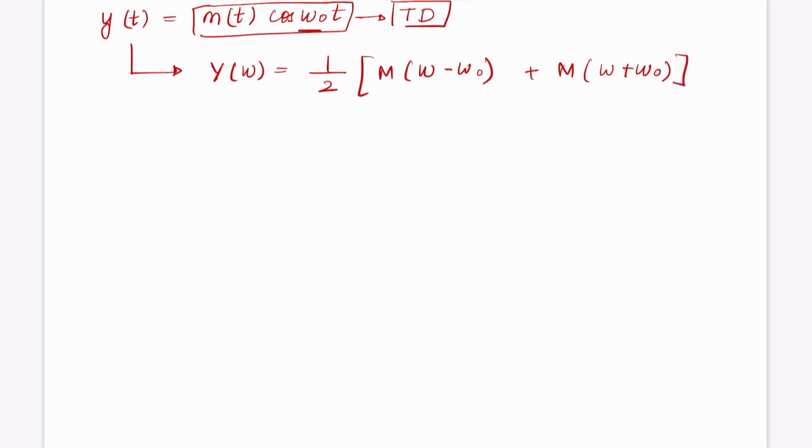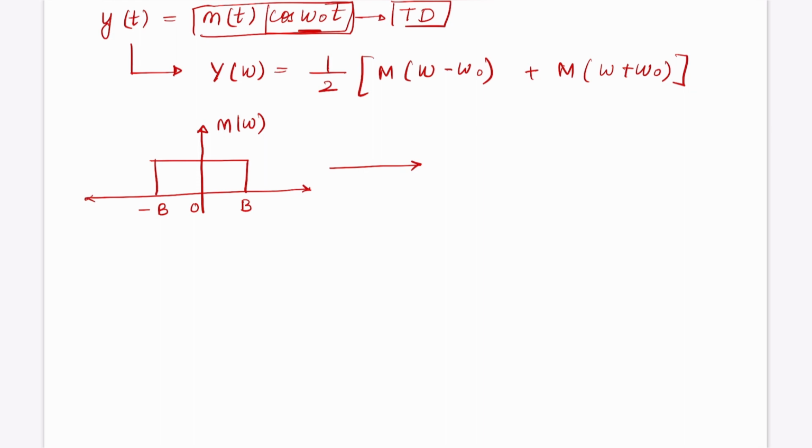So this is the property we will be using. So our signal was like this, because we are multiplying it with cos omega naught t, it will shift by the omega naught value.